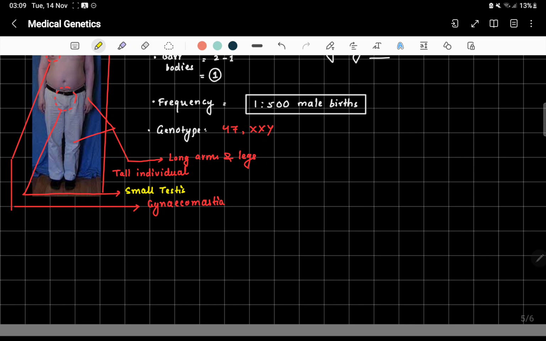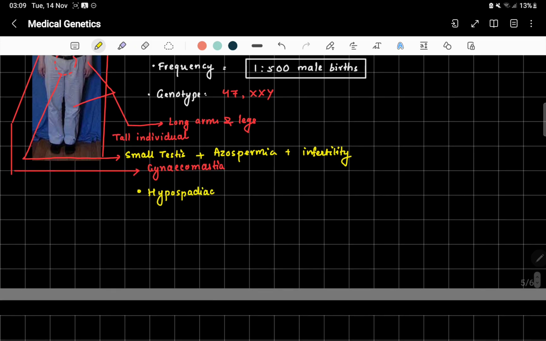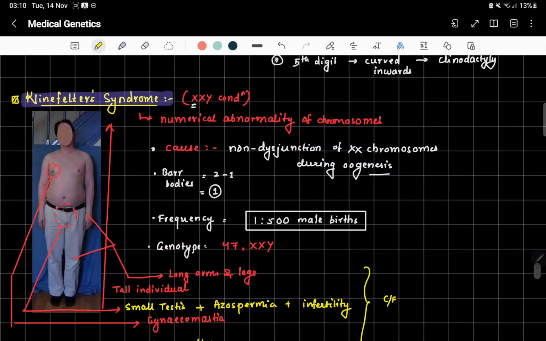Infertility may be there. And hypospadias may be present. Hypospadias means the penile opening is present on any other location except the tip of the glans penis. So these all are the clinical features of the patient. So this is Klinefelter syndrome.